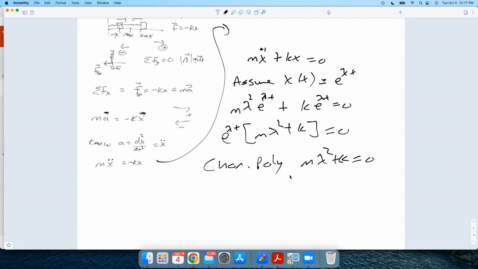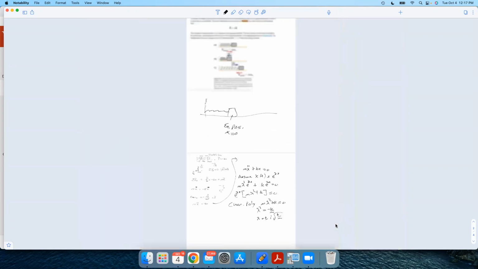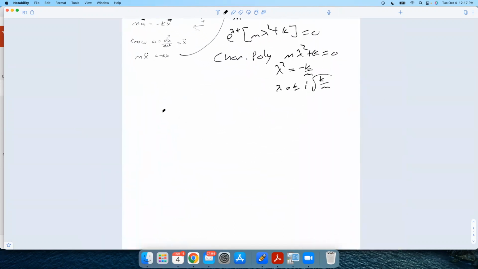So solving for lambda, we'll get lambda squared is negative k over m. Lambda is plus or minus i times the square root of k over m. So we get complex solutions. And maybe we'll be more explicit here and say that's 0 plus or minus i square root of k over m.